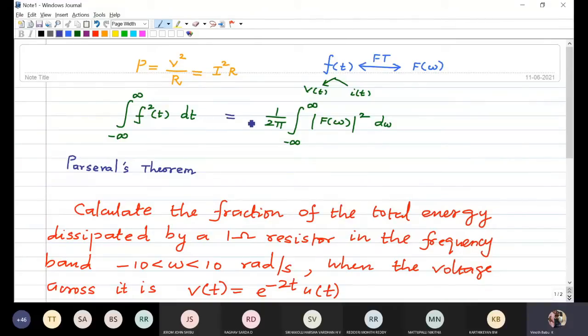It says that both are the same. The meaning is, if you transform the signal from one domain to another domain, energy is not reduced. The same energy is retained. That is the statement of this theorem. So you can note down what Parseval's theorem is.